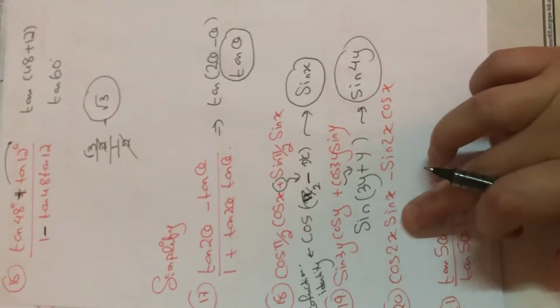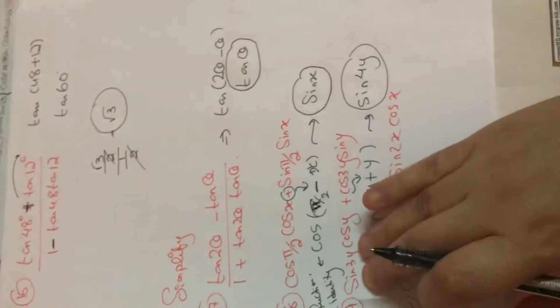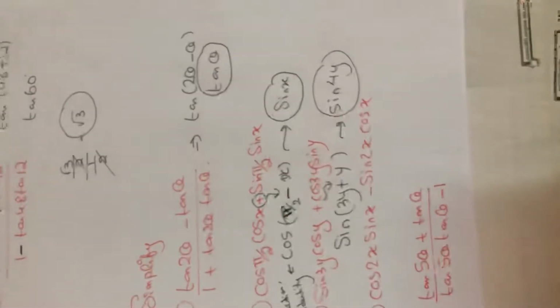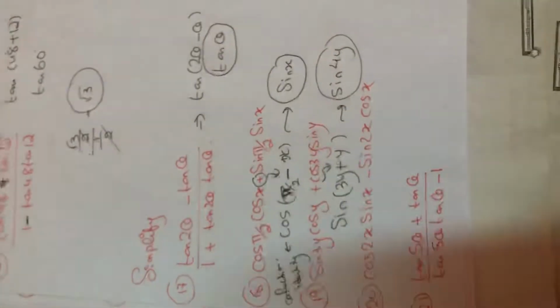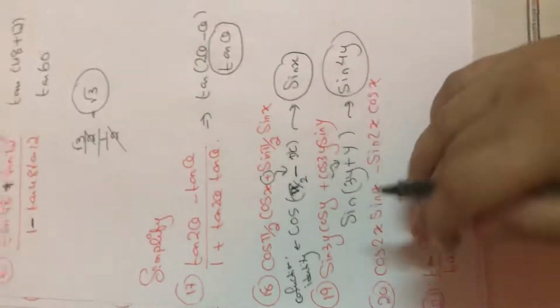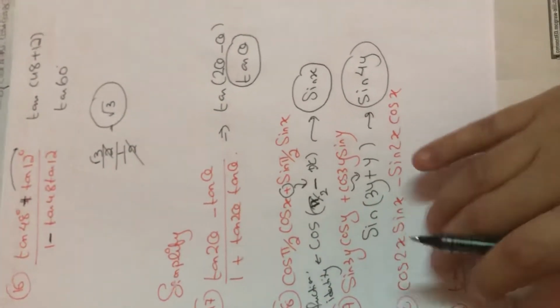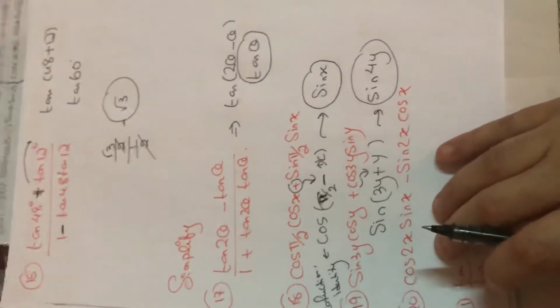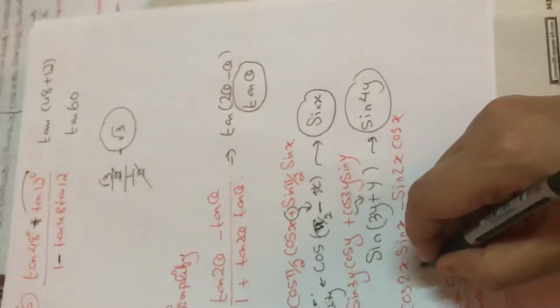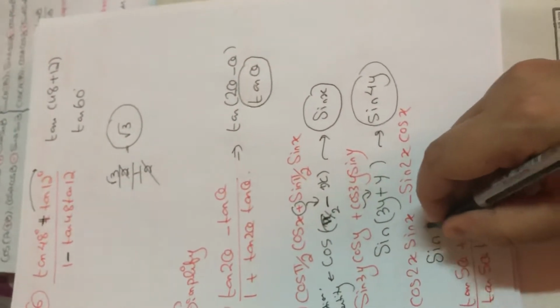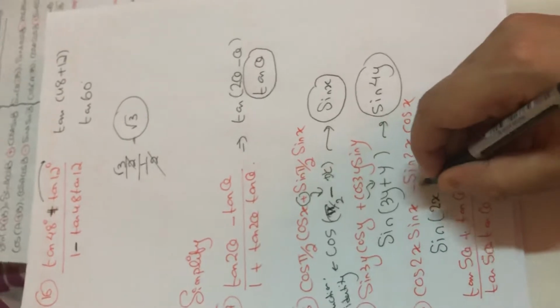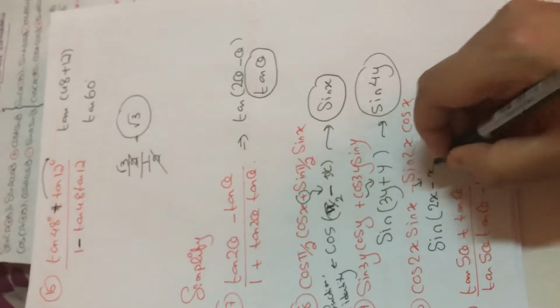Again, cosine, sine, sine, cosine, it doesn't differ, sine, cosine or cosine, sine, because it's a multiplication. Multiplication is commutative and associative. There's no problem to switch them. So anyways, it's still a sine rule, right? It is still a sine one. So I can say it's sine 2x, the same sign, minus x.